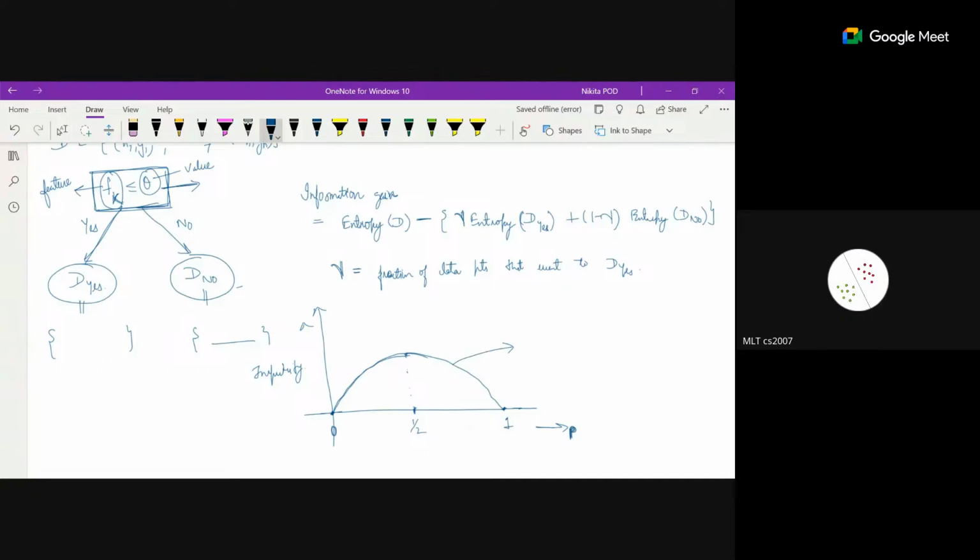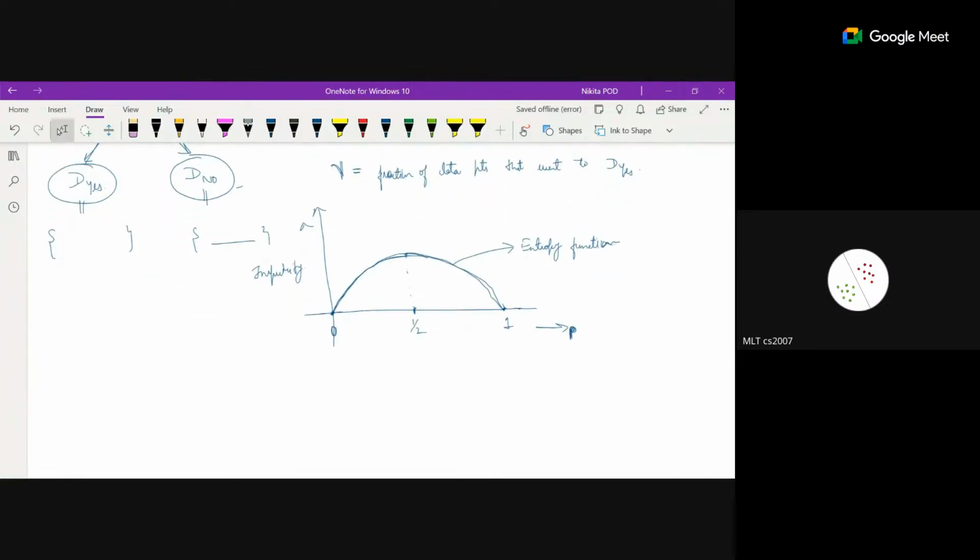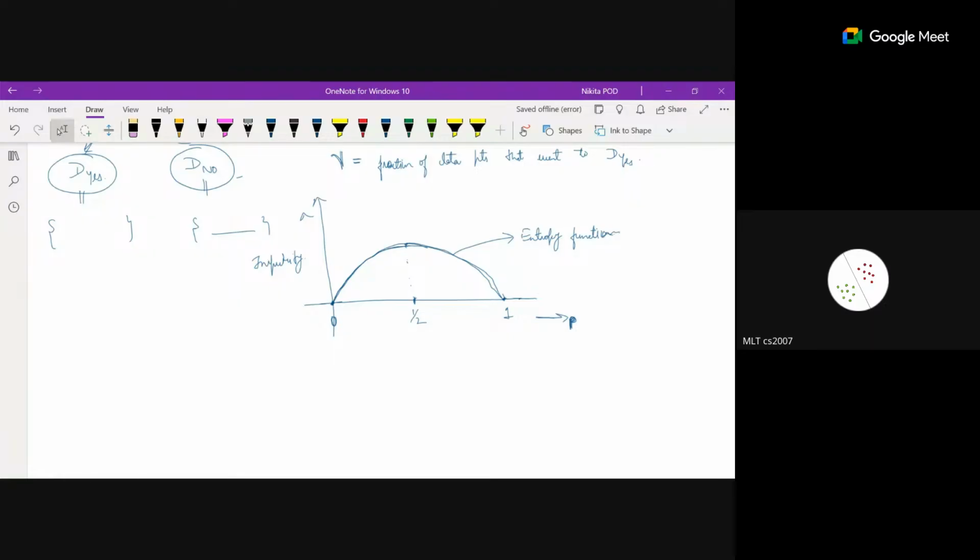This is a function, the measure of impurity. This graph that you see here is given by this entropy function. How is it defined? There can be many functions which can give you a certain structure. The entropy function, the way you define it, you can also plot in Desmos or GeoGebra.